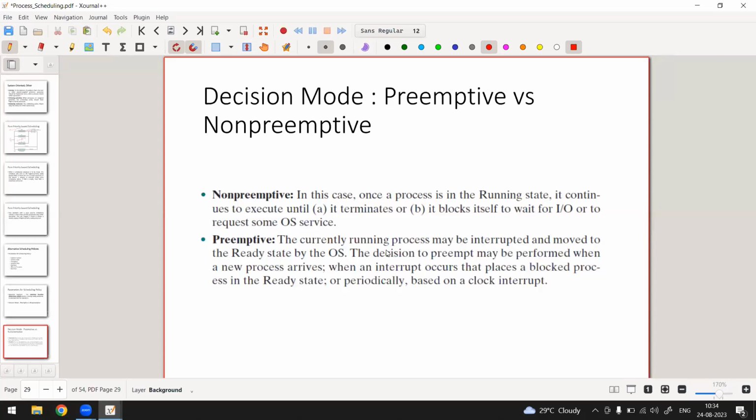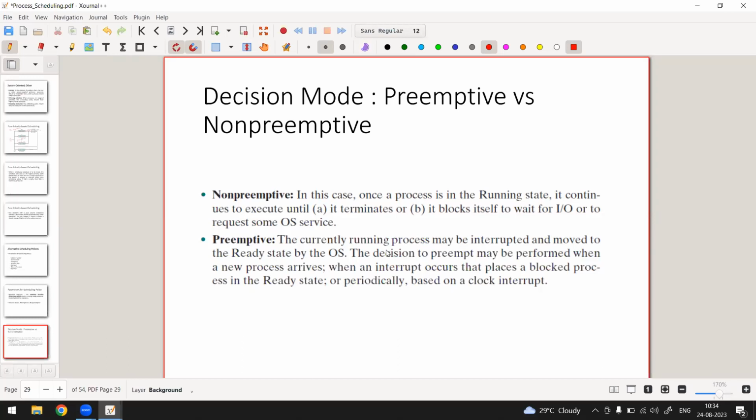What is the meaning of preemptive mode? In case of preemptive mode, the currently running process may be interrupted and moved to the ready state by the OS. The decision to preempt may be performed when a new process arrives, when an interrupt occurs, or when the clock interrupt happens.